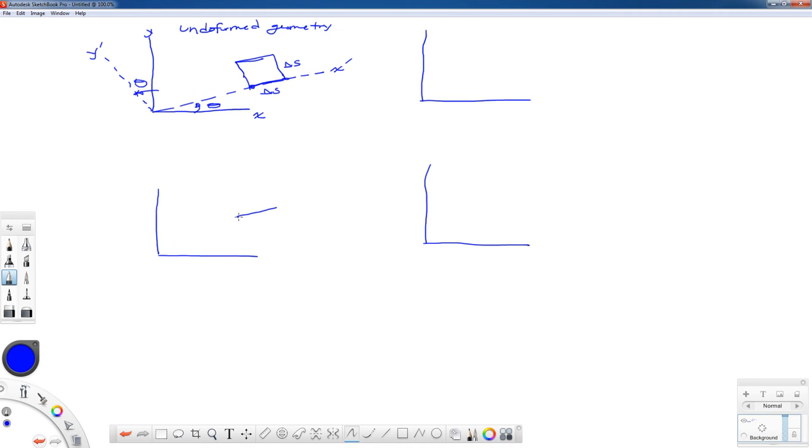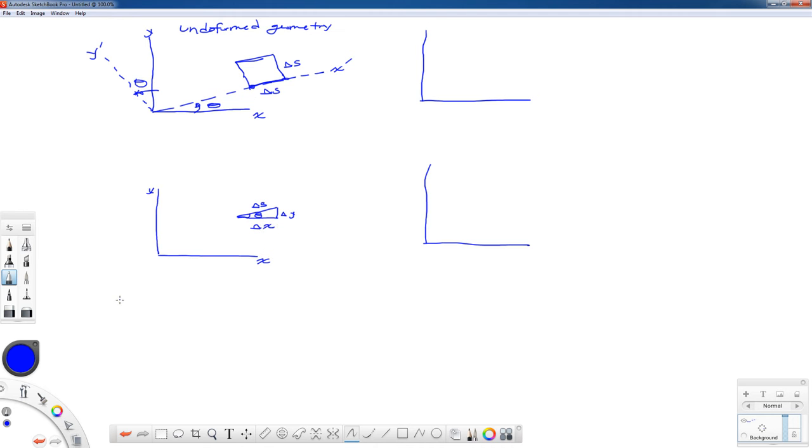And then I can line that up with the x and the y axis in this picture, and this will be the angle theta that I have in here. Now this side length is delta s, and I can identify this as delta y, and I can identify this dimension as delta x.